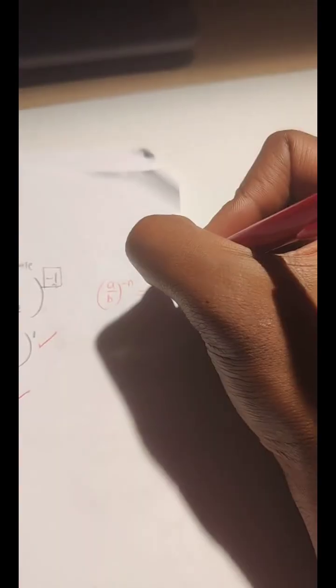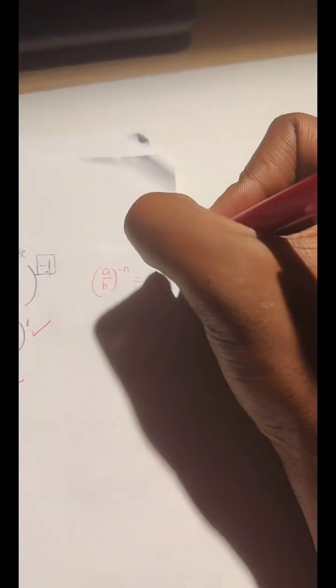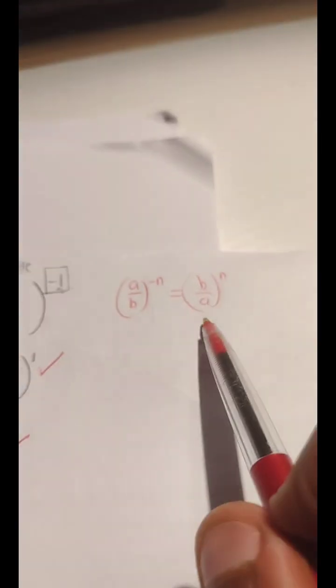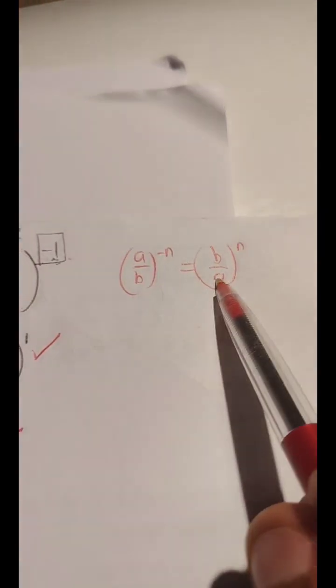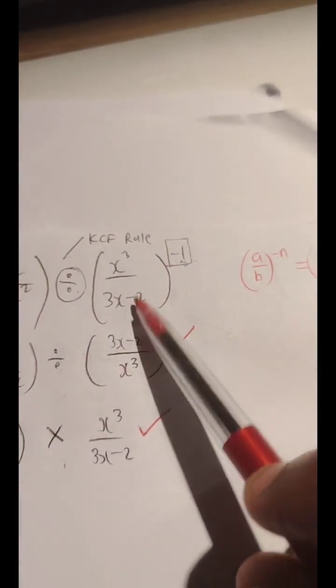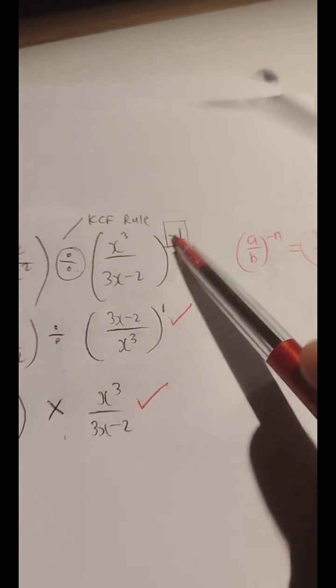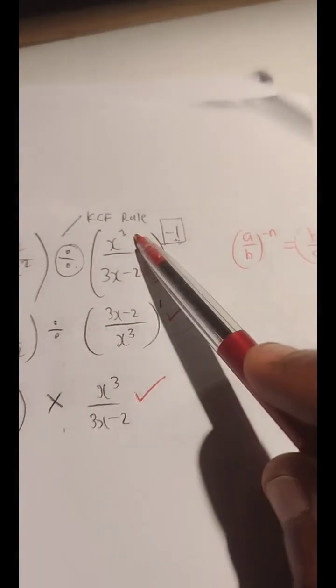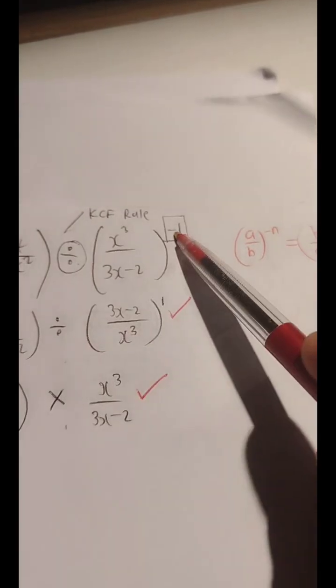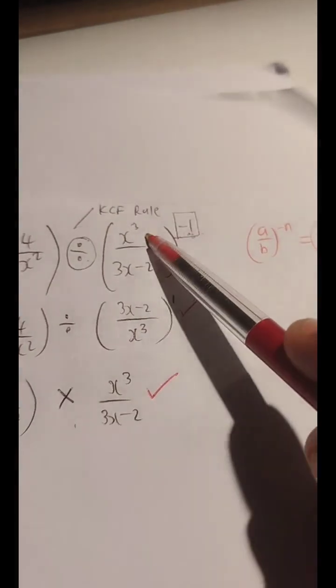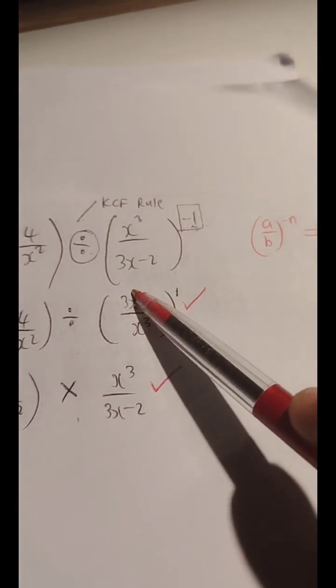Here I applied this idea: a to the power b raised to the power negative n can be written as b over a to the power positive n. There's a rule of exponents that says that. So this idea of brackets with your exponents is what I applied for changing this bracket to this. The exponent that's negative changed to positive, and I flipped the fraction.